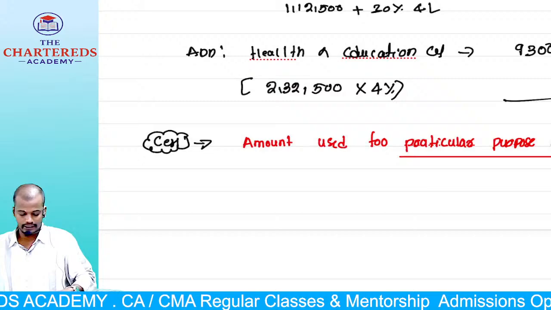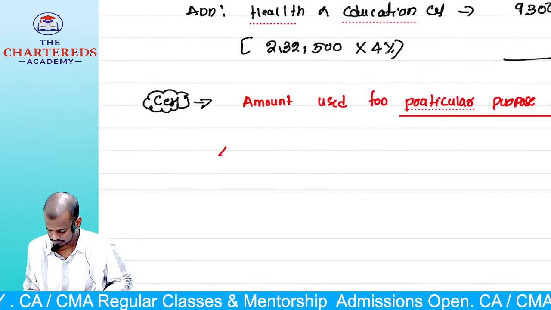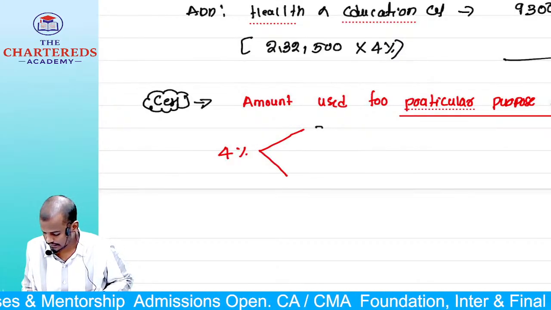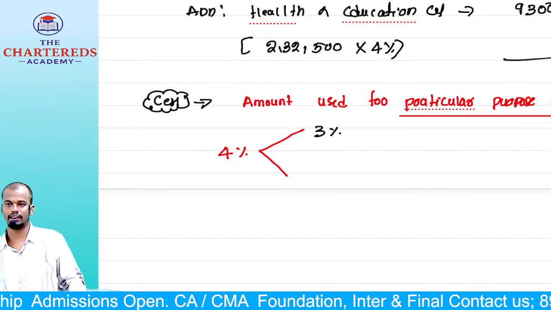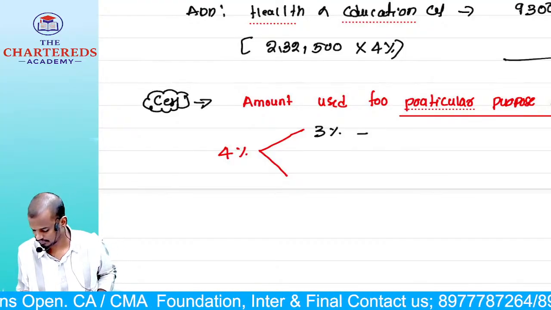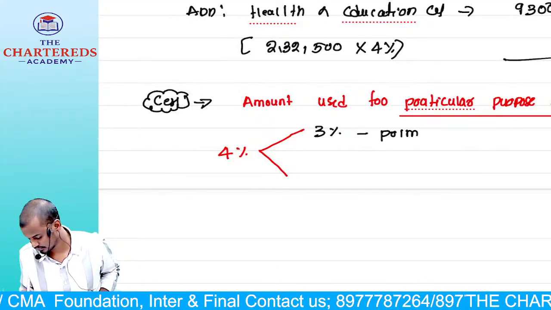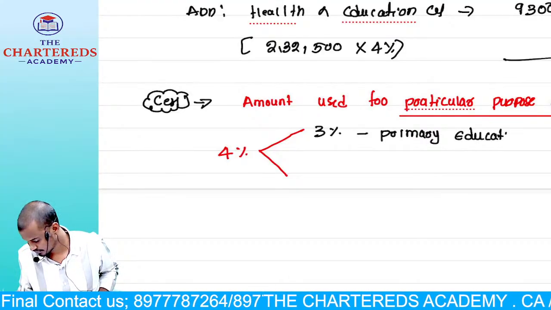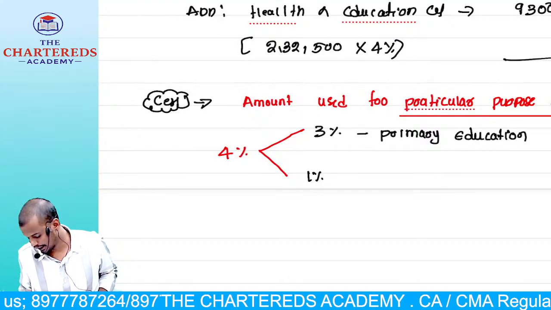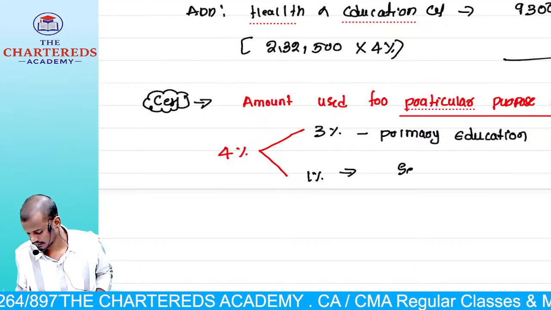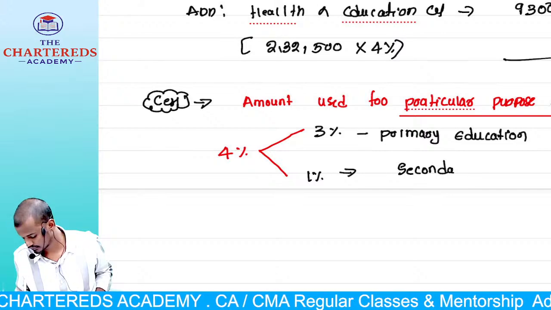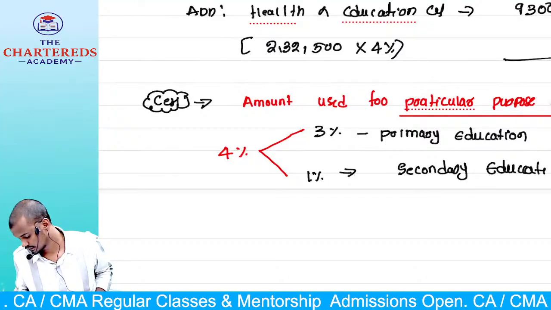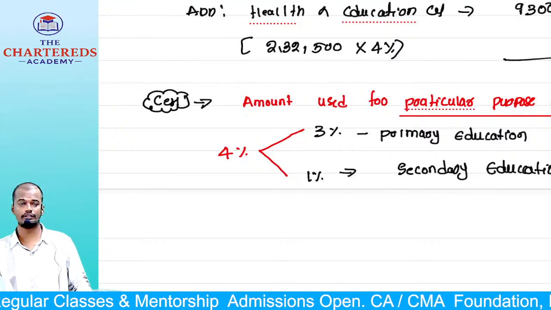So how do we bifurcate the 4%? 3% for primary education and 1% for secondary education.